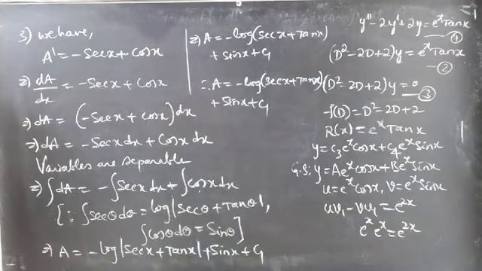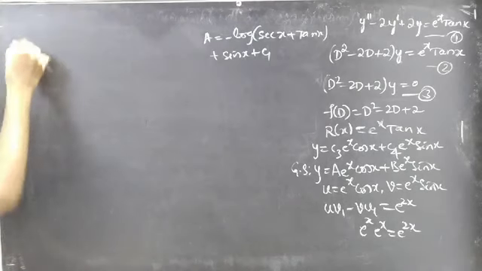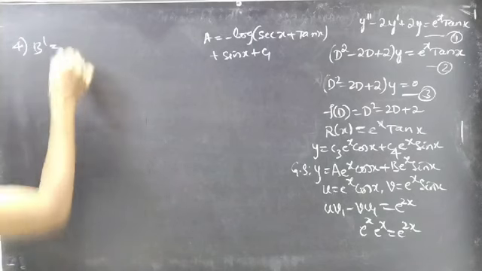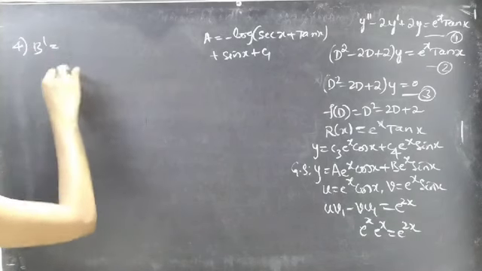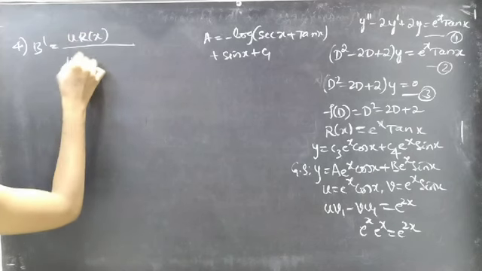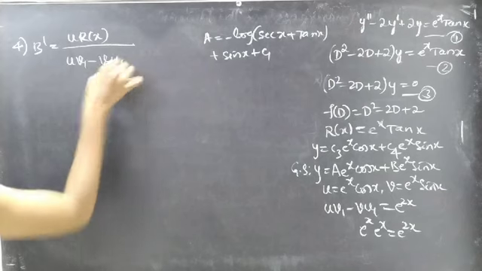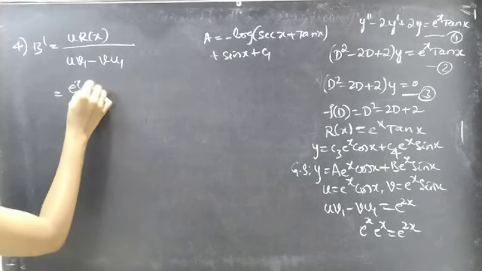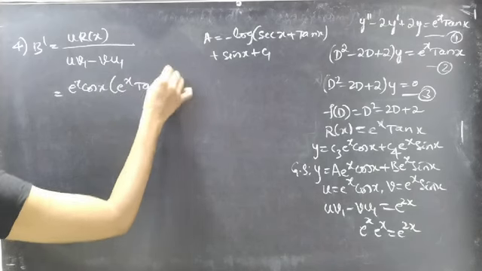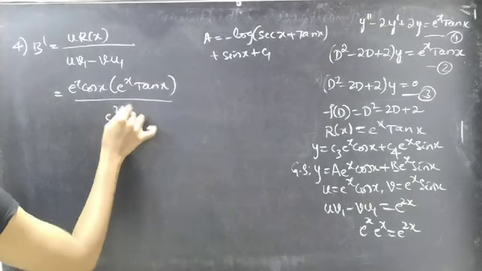Let's now find B dash and B. B dash is given by u into r of x by uv1 minus v1. The u is e power x cos x and r of x is e power x tan x, by uv1 minus v1 is e power 2x.